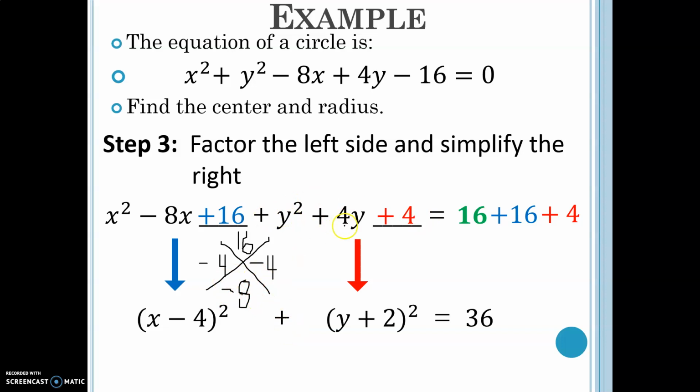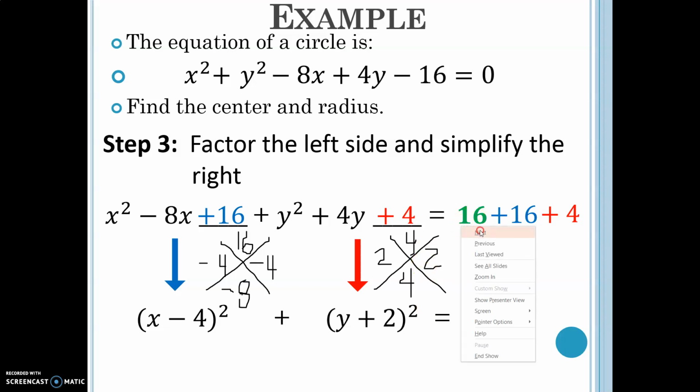On the y portion, this would be the equivalent of us having 4 on the top, 4 on the bottom, and multiplying 2 times 2 to get 4, and adding 2 plus 2 to get 4. And that will create this factor that you see down here, y plus 2 times y plus 2, which simplifies to y plus 2 squared.